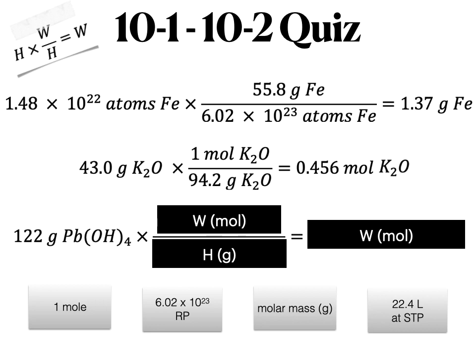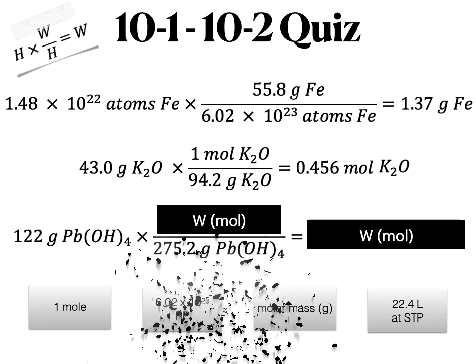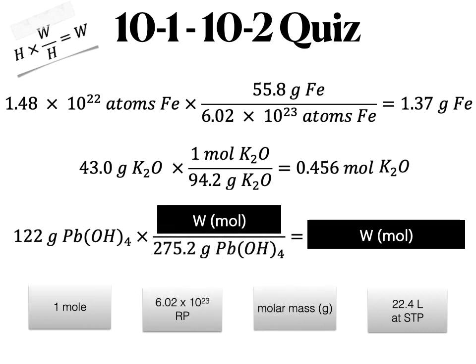The third problem, how many moles are in 122 grams of PbOH4, which is lead 4 hydroxide? So the first thing I have to do is get the molar mass. It's 1 lead plus 4 oxygens plus 4 hydrogens when added properly will give me 275.2 grams of lead 4 hydroxide.